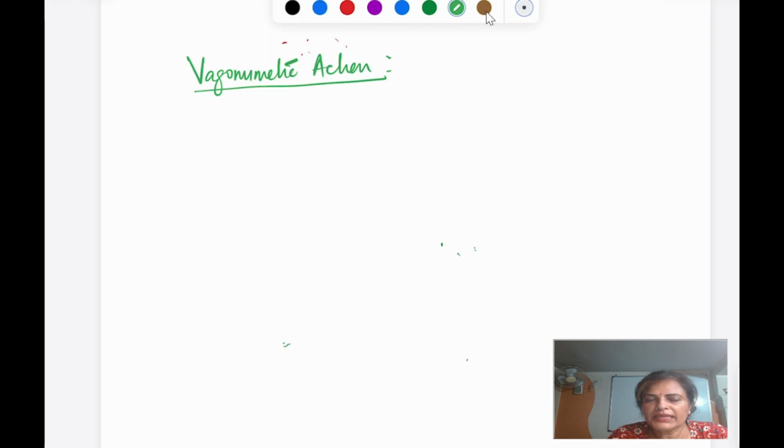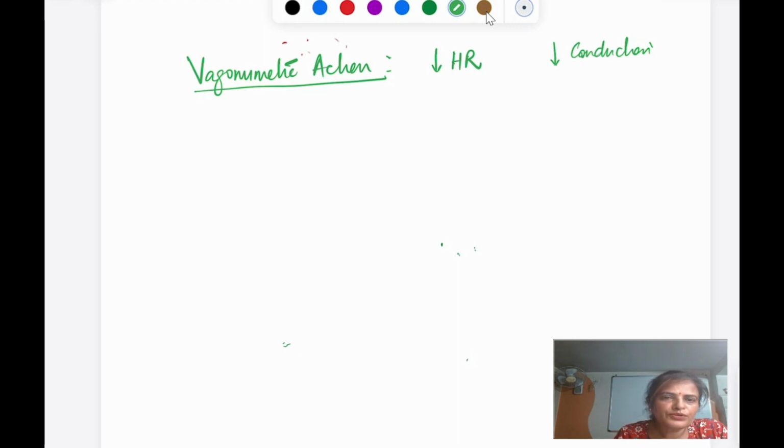Now what is a vagomimetic action? Vagomimetic action is that it is going to decrease the heart rate. This is another reason why we are not using this drug, because of this vagomimetic action, and it is going to decrease the conduction, and we do not want this effect in the heart failure patient.